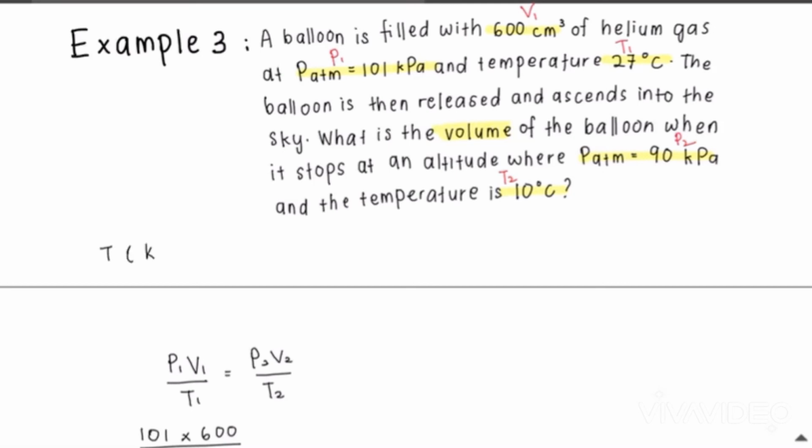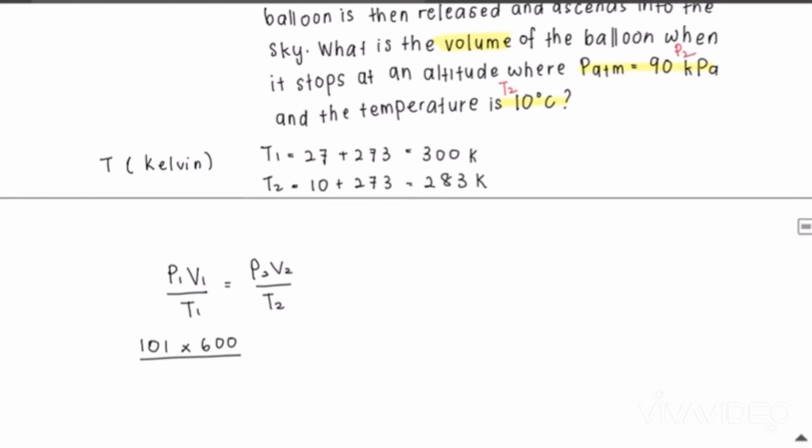So, to find the T1, it is 27 degrees Celsius plus 273. So, you will get 300 Kelvin. And T2 is 10 degrees Celsius plus 273. You will get 283 Kelvin.